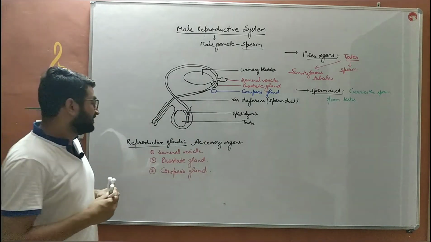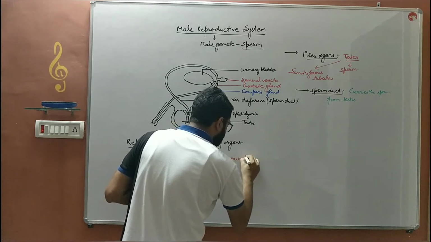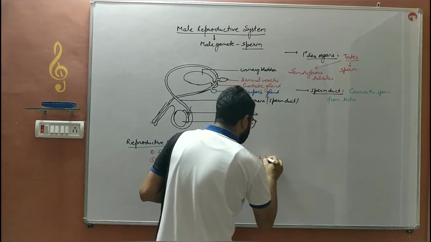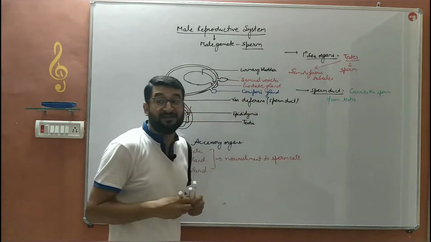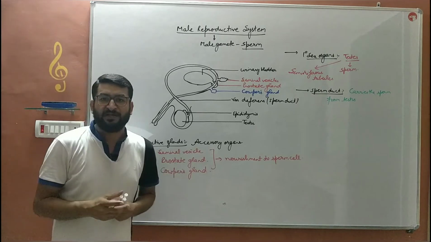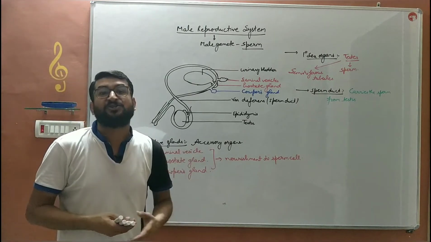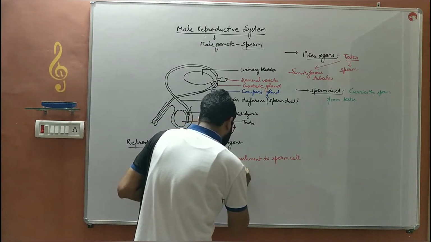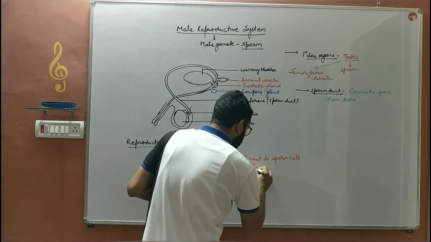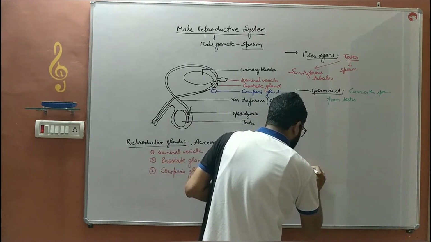These glands provide nourishment to the sperm cell. As the sperm cell is a motile cell, it requires nourishment. So these glands add a nutritive medium to the sperm cell. Next, they make the male secretion alkaline.